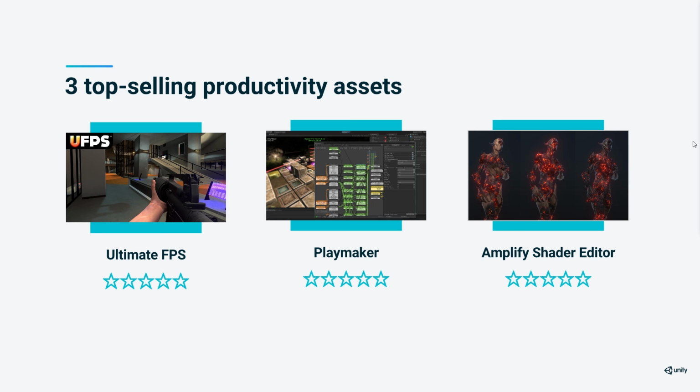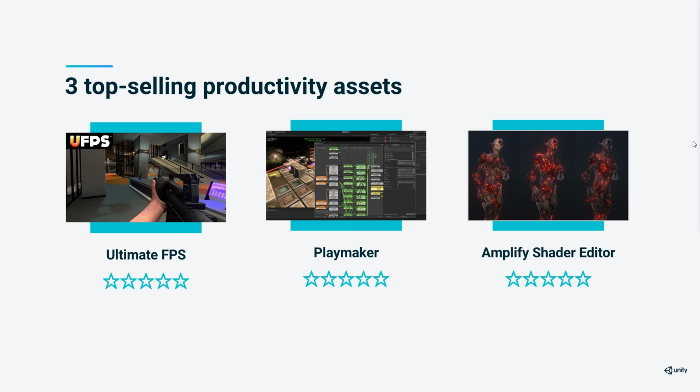And then Amplify Shader Editor, which is a visual shader editing tool, a node-based, graph-based shader editing tool, which is what we used to create that refractive invisibility shader. So all three of these are currently available as part of the Unity Plus Accelerator Pack. So if you sign up for the Unity Plus service, you're going to get access to these three for free.